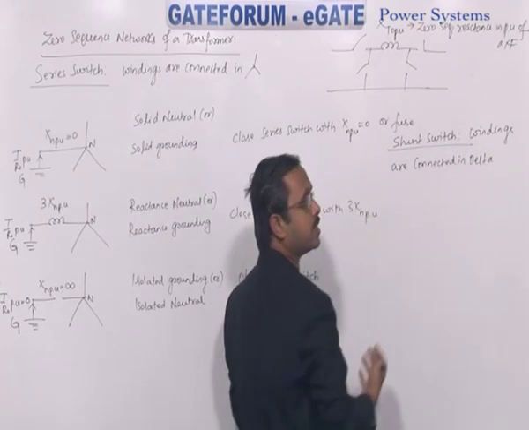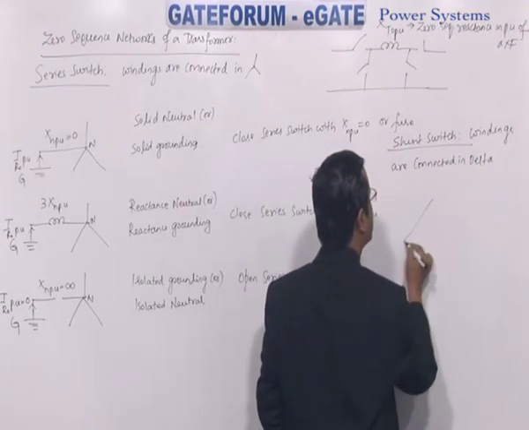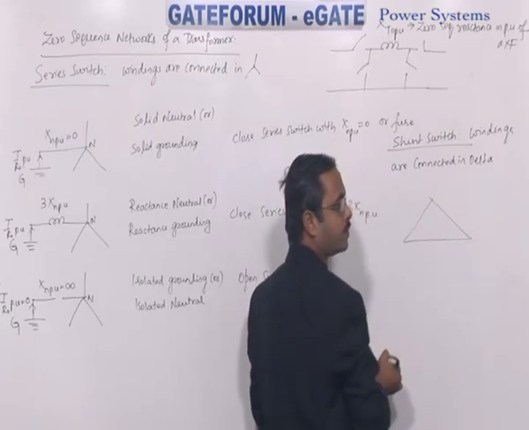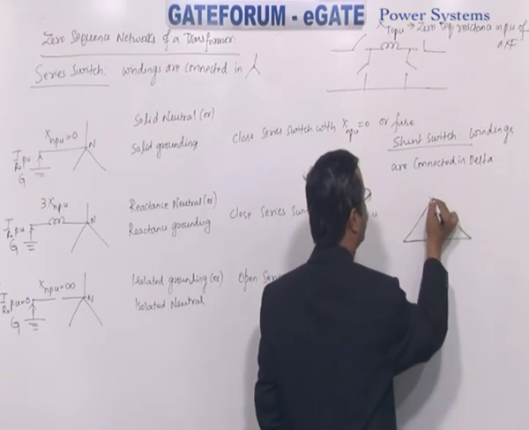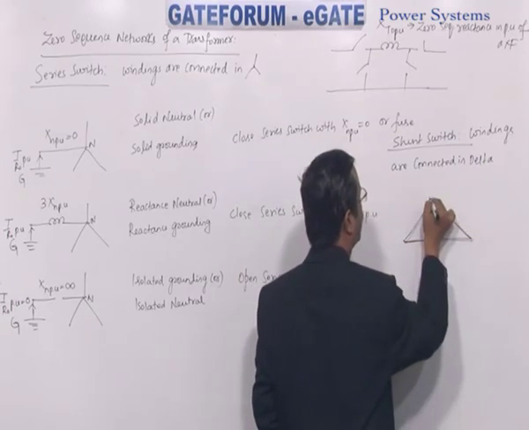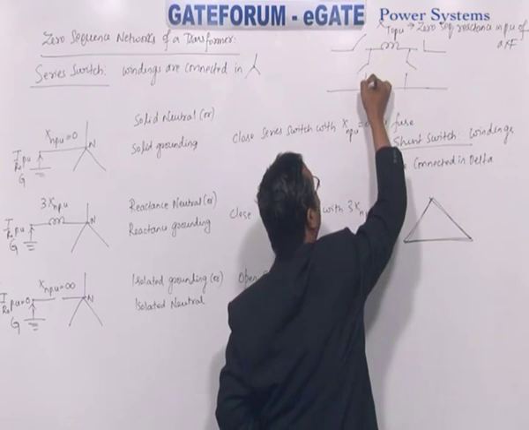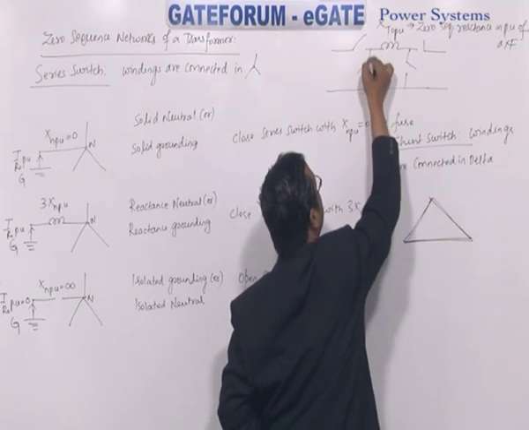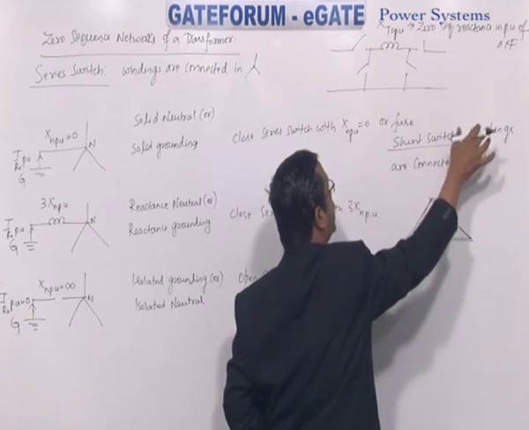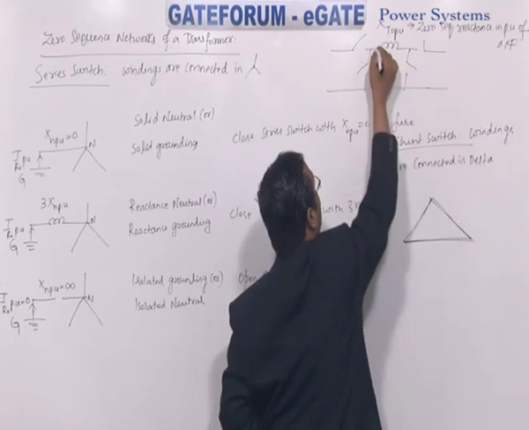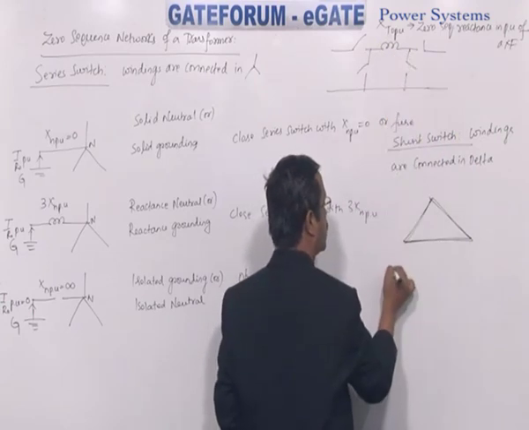So what you do with the shunt switch, either open or close? You know the symbol of delta. Here you check, there is a closed path for the flow of current. So here also, the zero sequence current flows only when the shunt switch is closed. So whenever the windings are in delta, only one operation, you close the shunt switch.